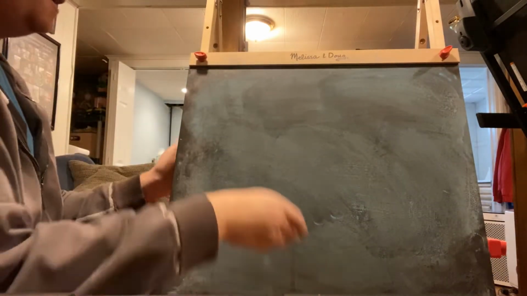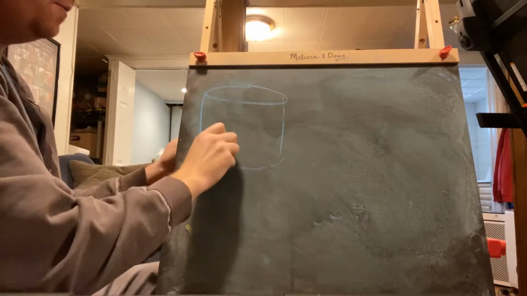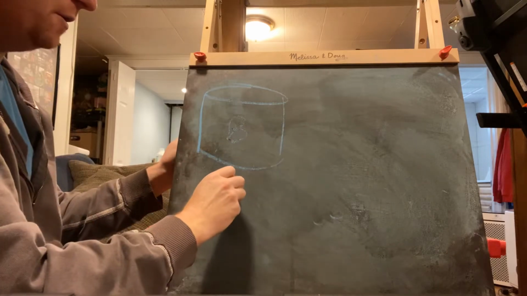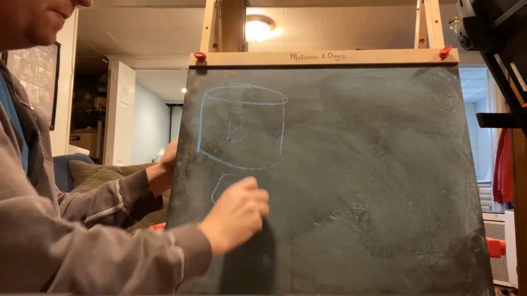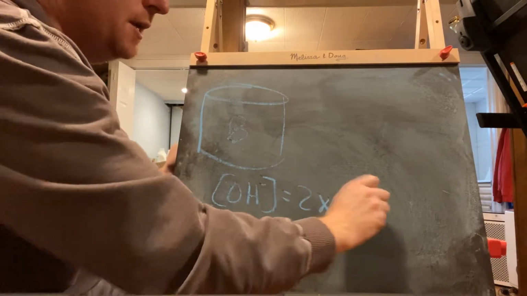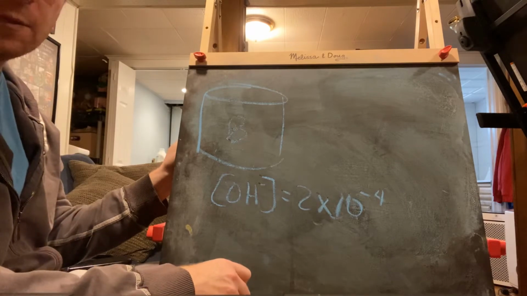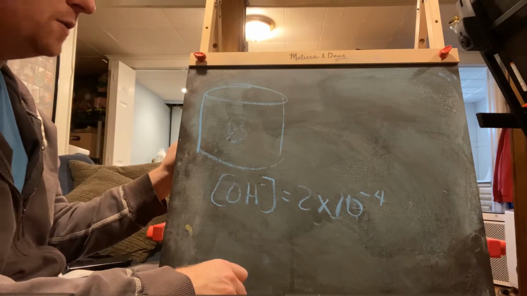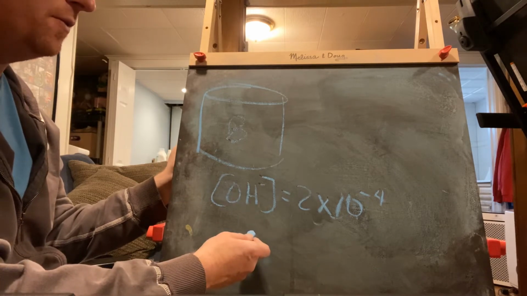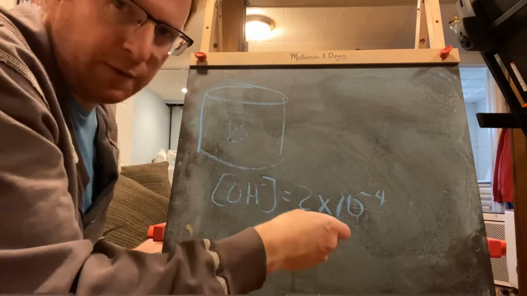Okay, so here we go. All right, let's say I give you solution B, and I say, oh, solution B has a concentration of hydroxide that is 2 times 10 to the negative fourth. Okay. In this case, we'll assume that most of these things are at 25 degrees.